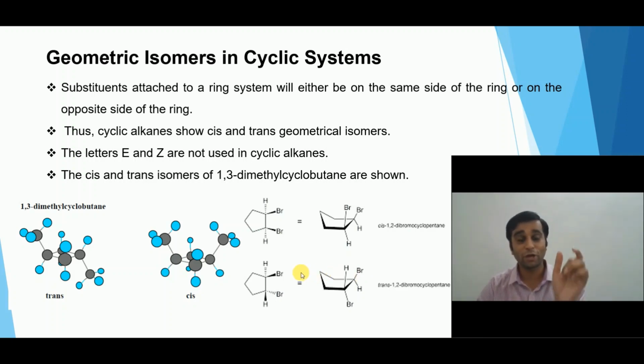So the concluding aspect: geometrical isomerism is possible in three different cases: C double bond C, C double bond N, N double bond N, maybe some other double bonds, but where double bonds are there, definitely that is possible. And number three is very important: suitably substituted cyclic aliphatic system.